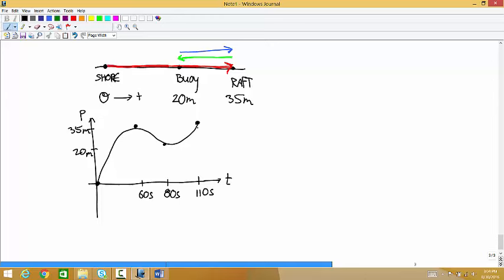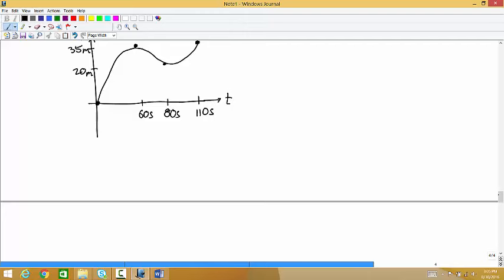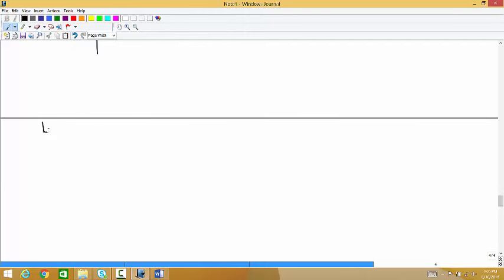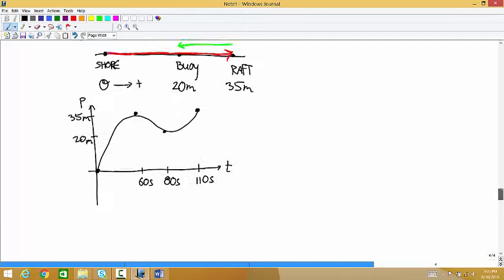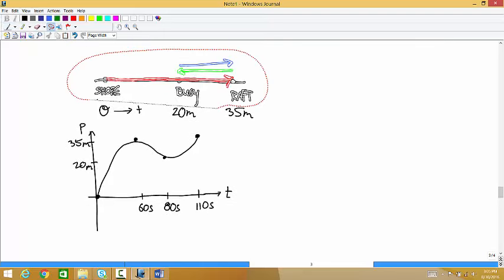Any questions about that thought process? Now we're going to do the same thing, follow the same steps, but we just have different values and a different positive direction. So for part B, I'm going to take this.